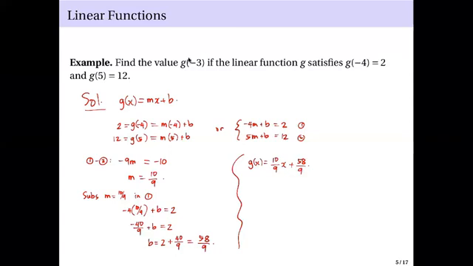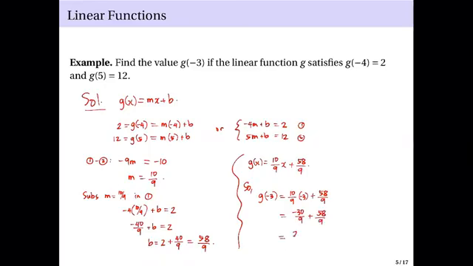Now, we are interested in the value of g of negative 3. So we just substitute x equals negative 3. And therefore, we will have 10 over 9 times negative 3 plus 58 over 9. This is negative 30 over 9 plus 58 over 9.